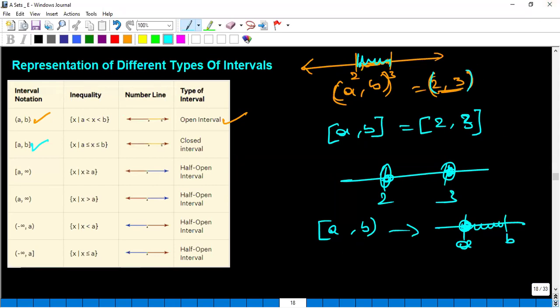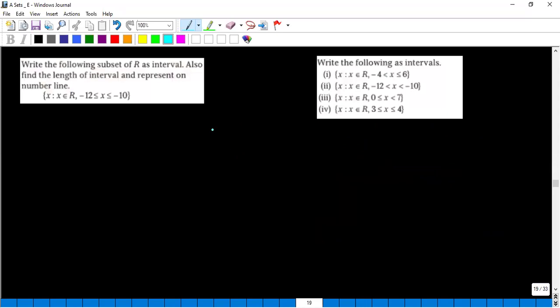Let us see some examples so we can understand very easily. Write the subsets of R as intervals. Also find the length of the interval and represent it on the number line. x such that x belongs to R, okay, x is the set of all real numbers.